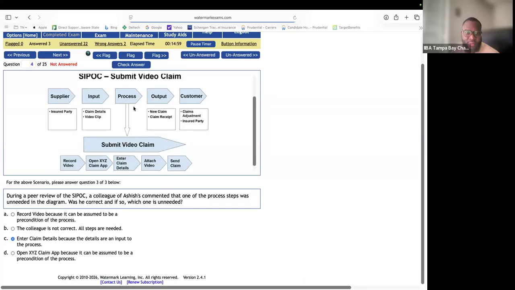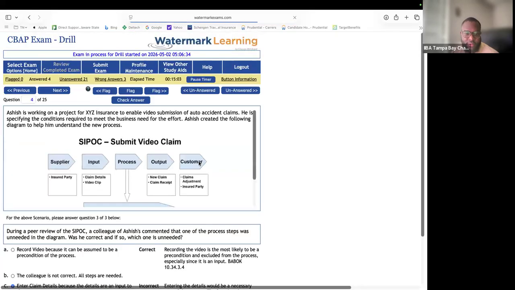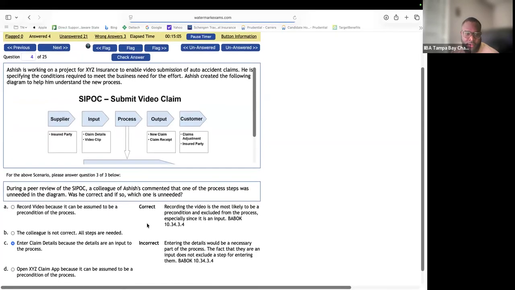Okay, let's test C. Now, record the video because it can be assumed to be a precondition of the process. Recording the video is most likely to be a precondition and excluded from the process, especially since it is an input.